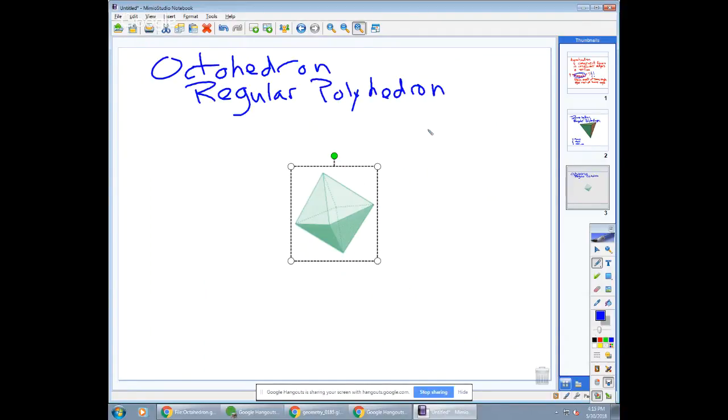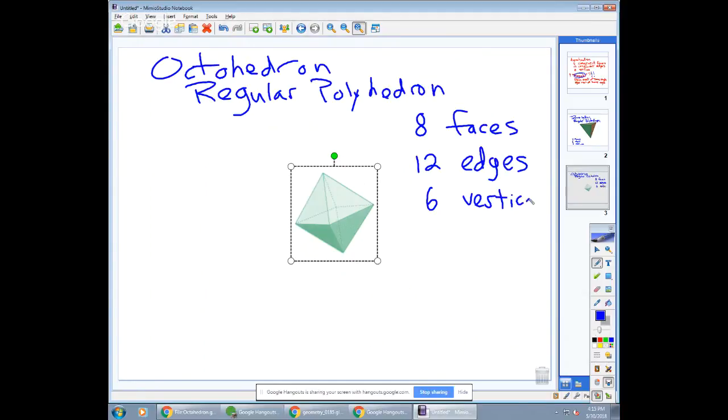And let's see, it has 8 faces, right? Edges. What do you think? 12? Yeah, I think it's got 12 edges. And vertices. 6. Hey, that looks familiar.